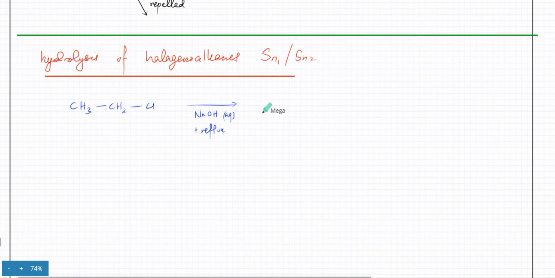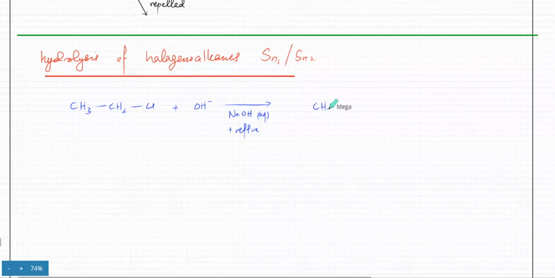The reaction is basically happening with OH ions, and it could be KOH as well. The OH ions are going to come in and substitute. They would substitute the Cl with OH, and Cl minus 1 would be produced as a result. So that's a simple reaction.